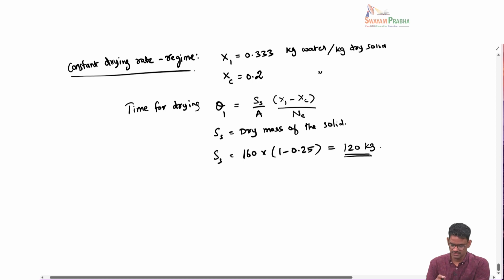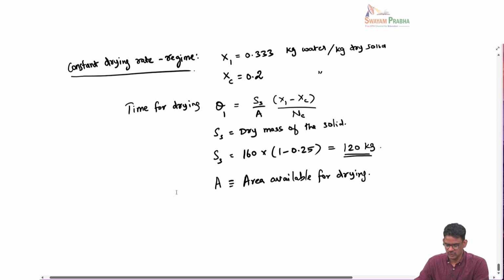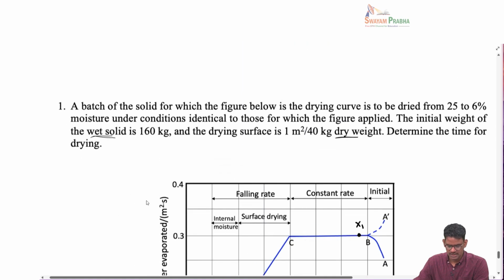Next, we need the area. This area is the area available for drying. Let us see whether this data is given or not. I think it mentioned that the drying surface is 1 meter square per 40 kilogram of dry weight.